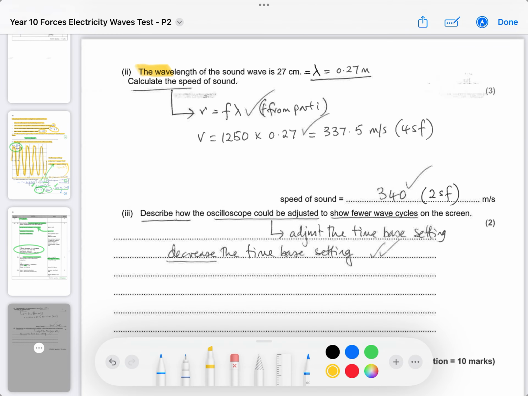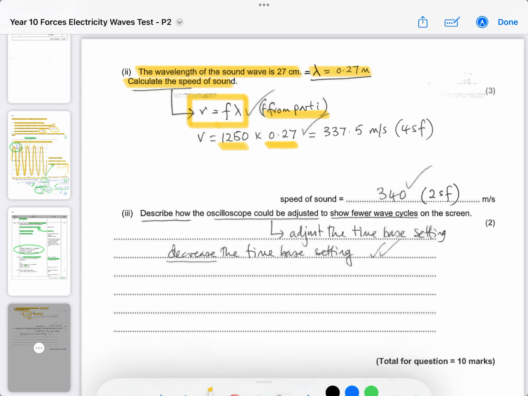So the wavelength of the sound wave that we knew was 27 centimeters. And they're tricking you, to see which students know that you've got to change that to meters. Then they want you to calculate the speed using the wave equation and using your value for f from part 1, 1250.